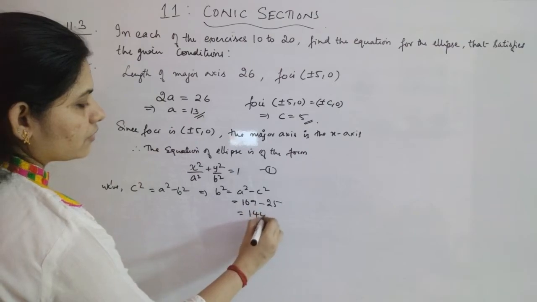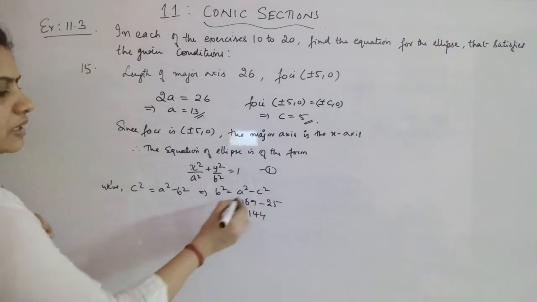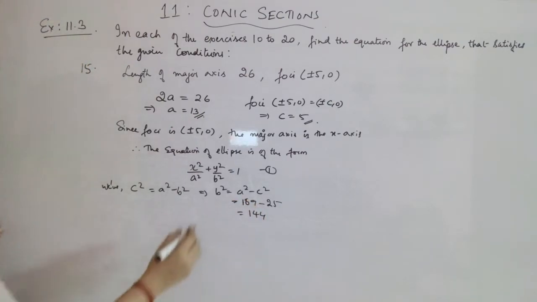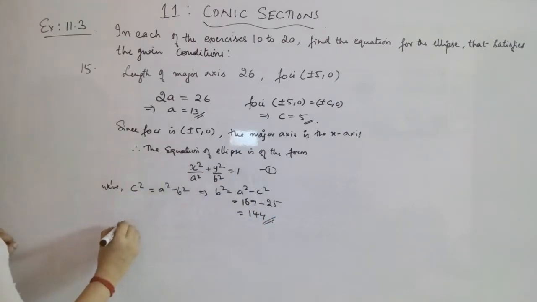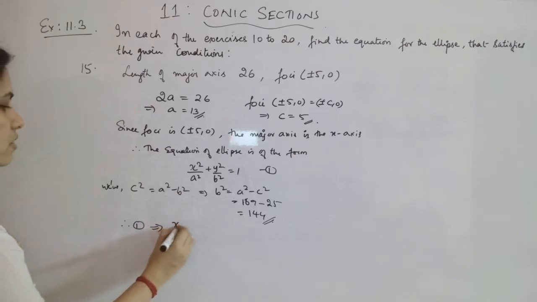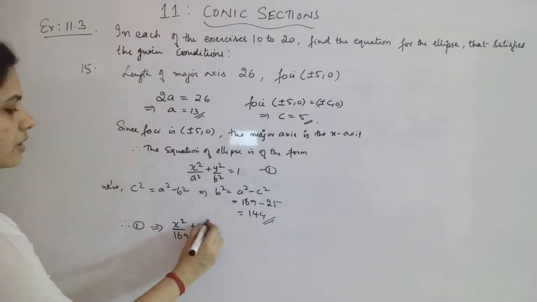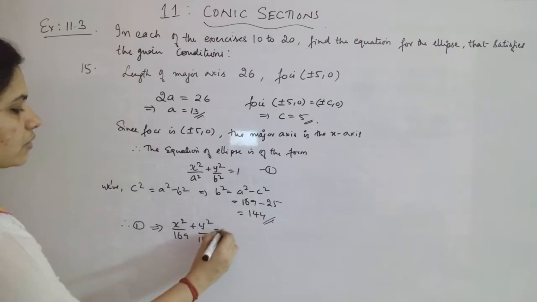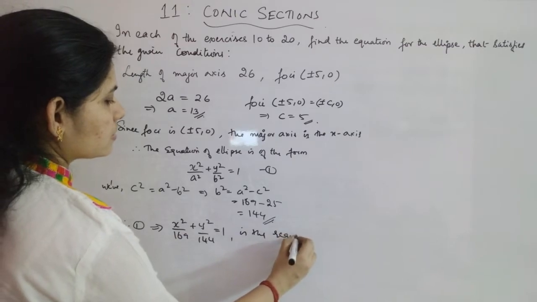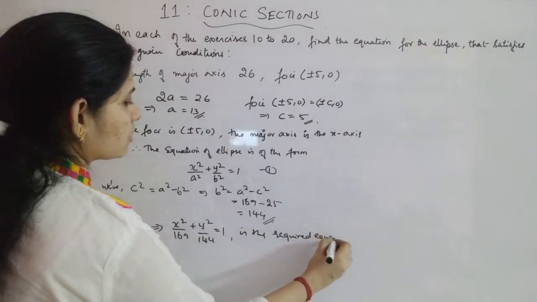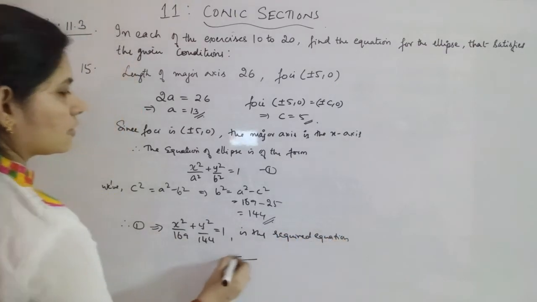So you'll get 144. 169 minus 25 is 144. So b square you got, and we need only b square, not b. Therefore, the equation becomes x square by 169 plus y square by 144 equal to 1. And this is the required equation. Okay, clear?